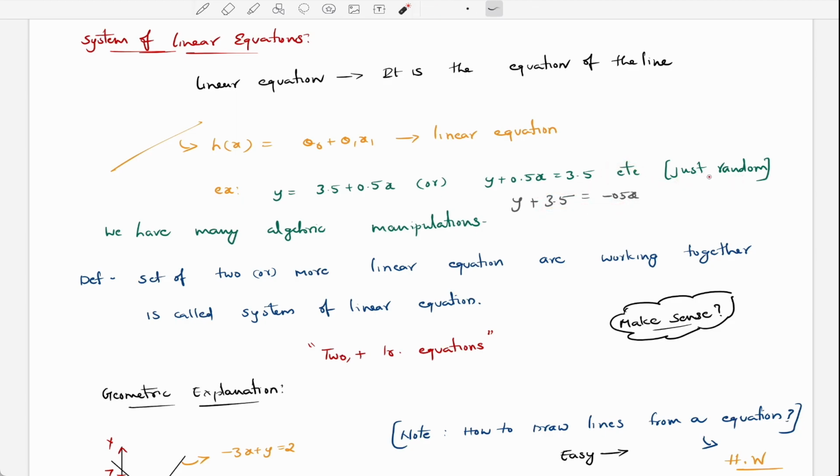This is not y equals 3.5 and 0.5; I just took it as random. You may take something like 2x plus 2y is equal to 0.